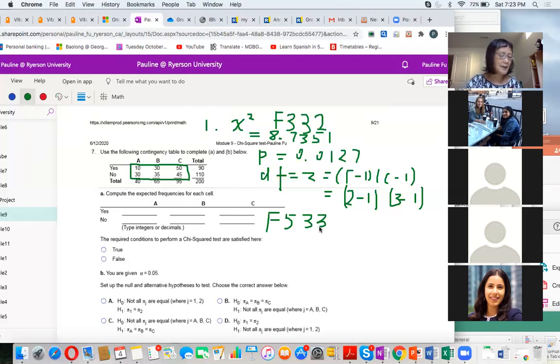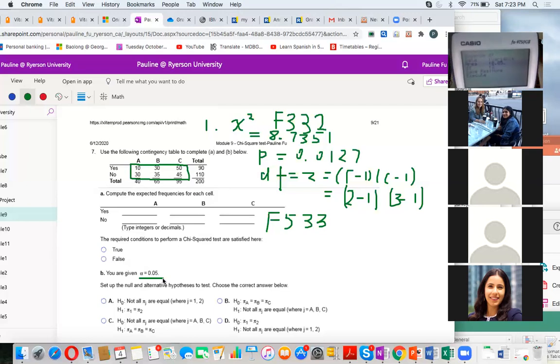Make sure data is variable. For area, type in alpha. If alpha is not given, you use 0.05. And the degrees of freedom is 2.